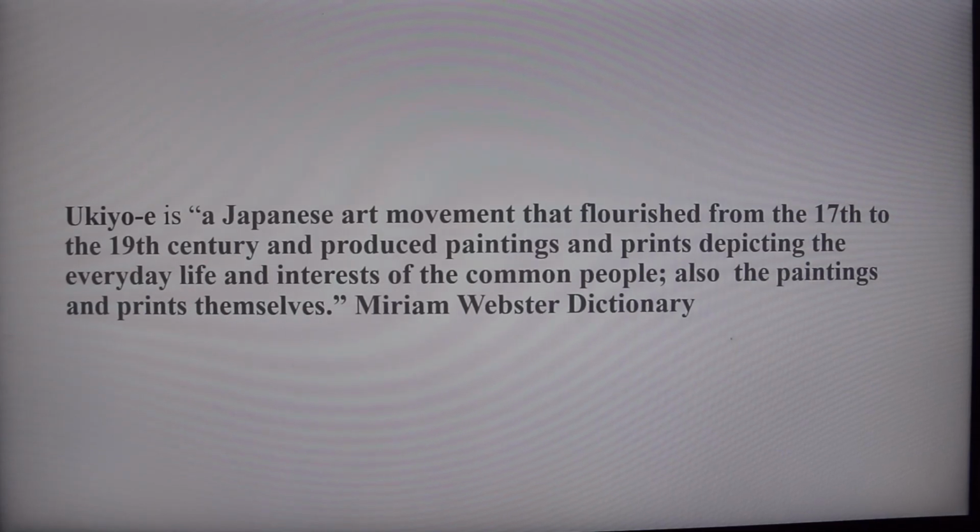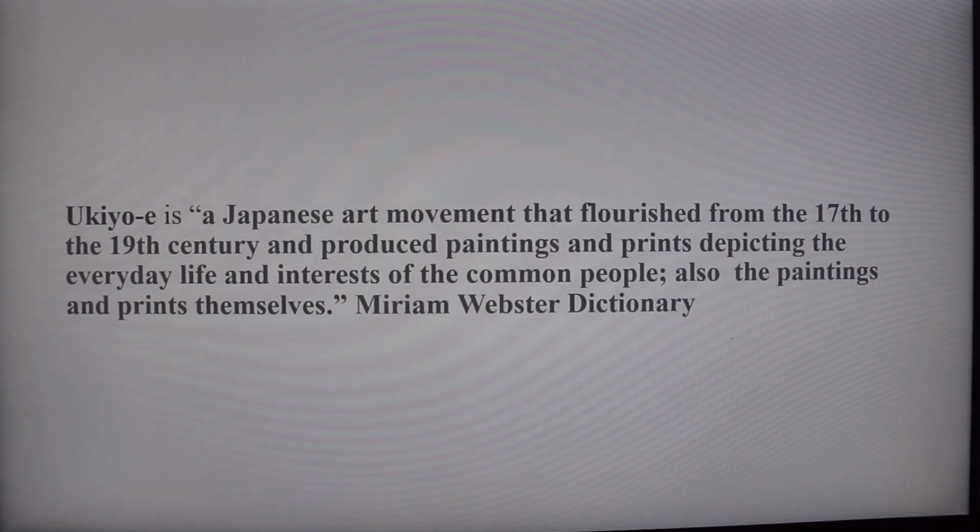Ukiyo-e is a Japanese art form produced in Japan that flourished and produced images that really were about everyday life. They were street scenes, peddlers and crowds as subject matter.